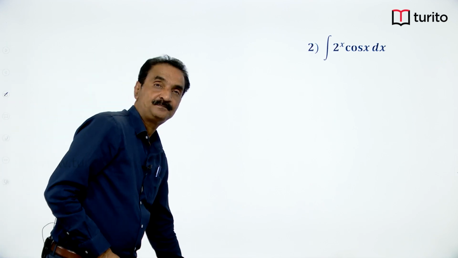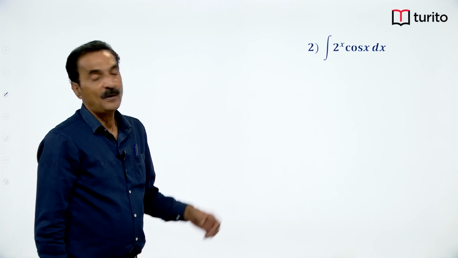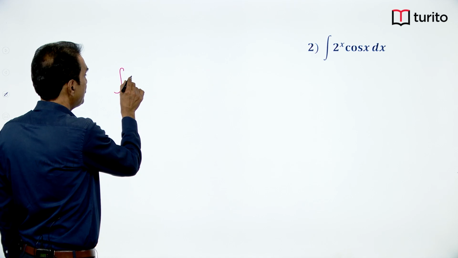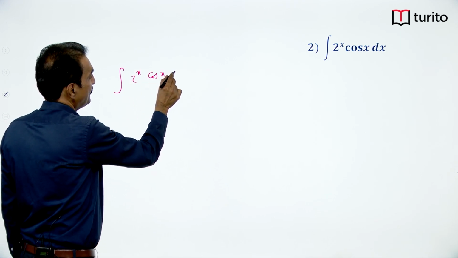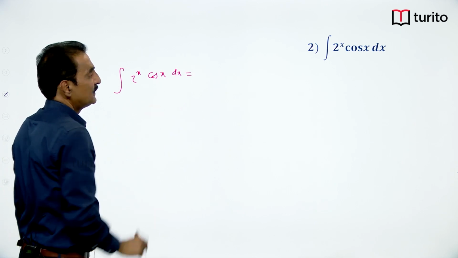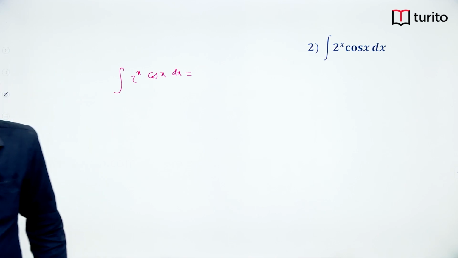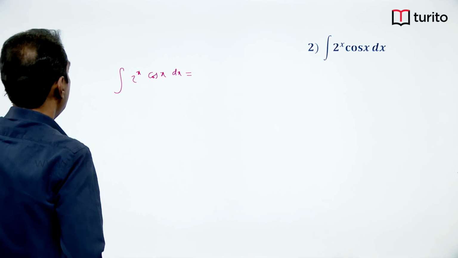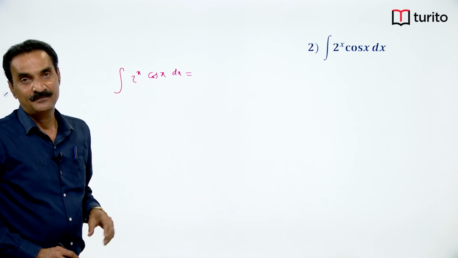Next problem, integral 2^x into cos x dx. What we do is, we write 2^x as e to the power something.